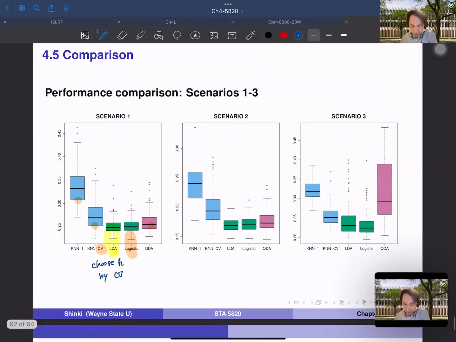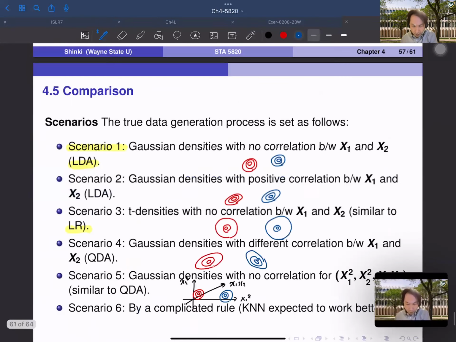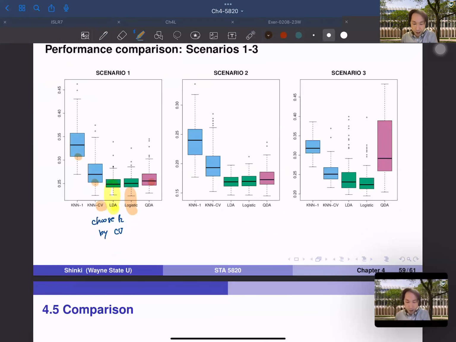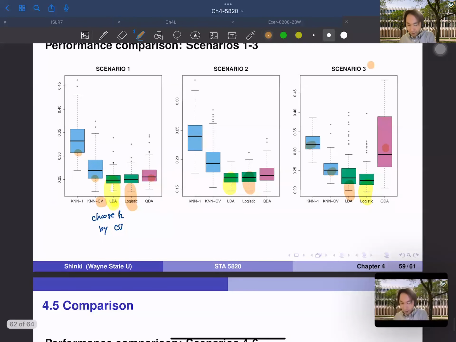Scenario 2, this is also the Gaussian case, still an LDA situation. So LDA is the best, and logistic is second, and the others are worse. So scenarios 1 and 2 are similar. Scenario 3, the Gaussian assumption is violated, so logistic regression gets better and LDA gets slightly worse, but the others are off the correct model, so the performance is worse.